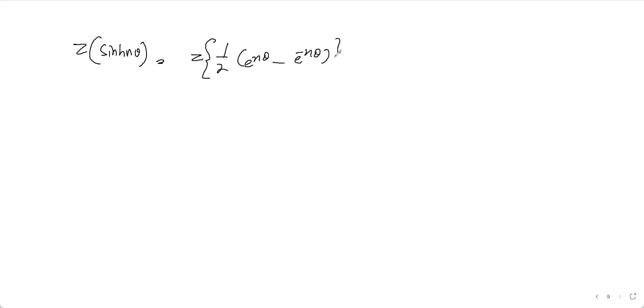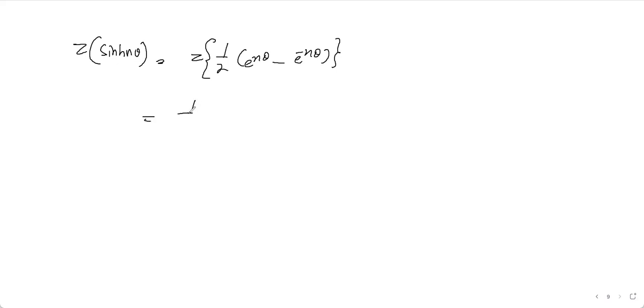And now let us look at Z of sinh n theta. So Z of half e to the power of n theta minus e to the power of minus n theta.